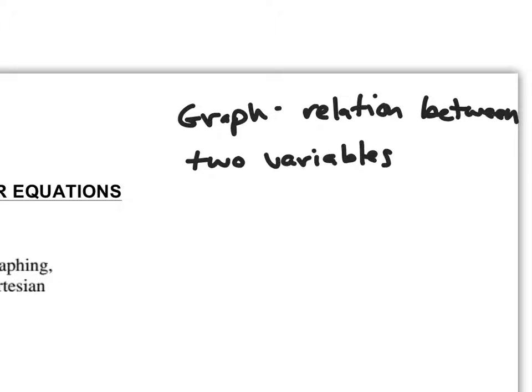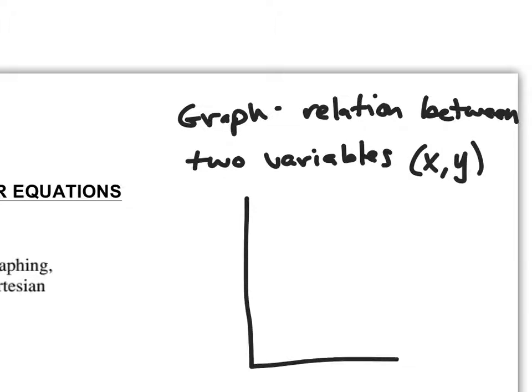Typically those variables are going to be x and y. I draw a graph like so, and I usually plot my horizontal axis as x and my vertical axis as y.